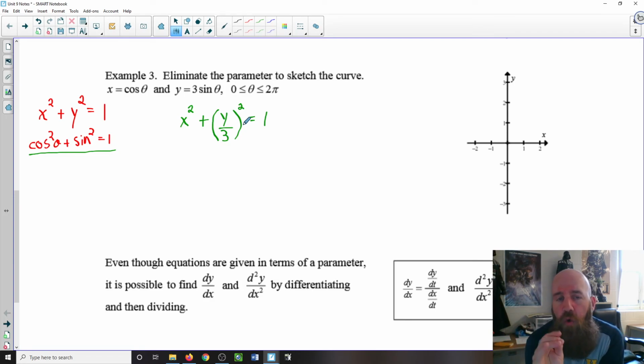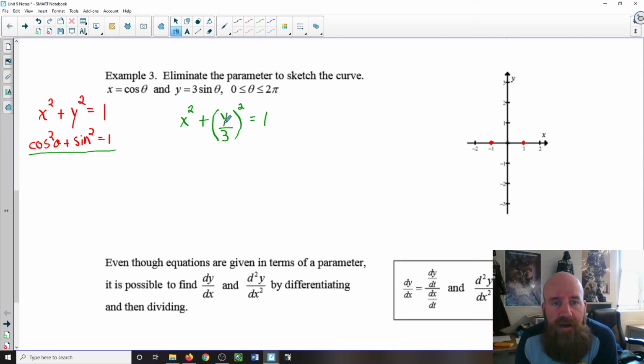Anytime you have a circle or an ellipse, which this is an ellipse because we're dividing x and y by two different numbers, x is being divided by 1 and y is being divided by 3. To graph that, we look at the x and what number is being divided. 1 is underneath x, so that gives us on the x-axis a distance of 1 away from the origin, on either side.